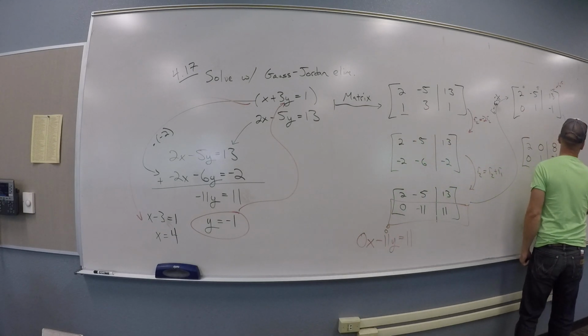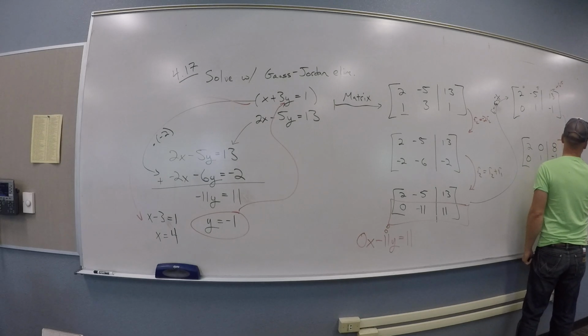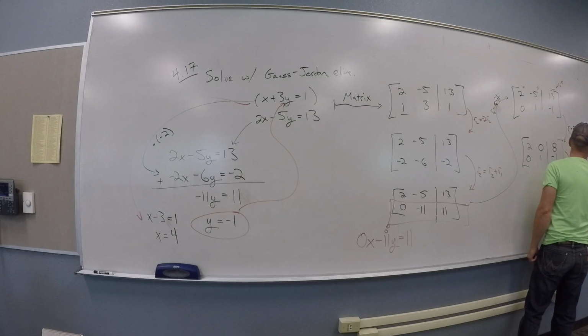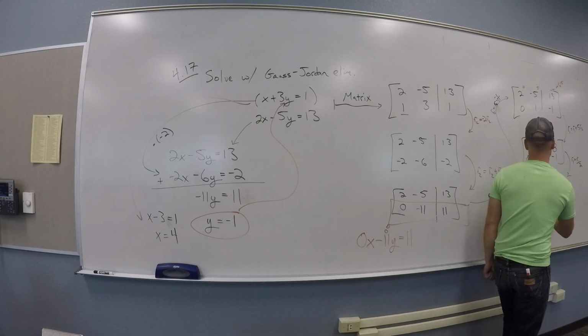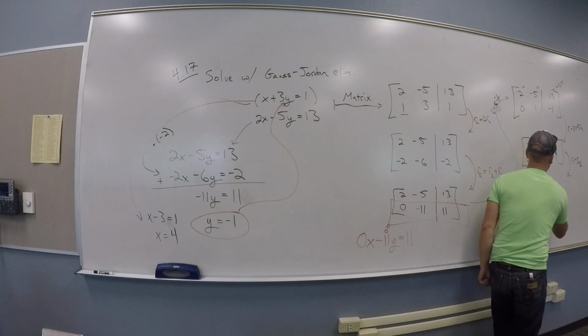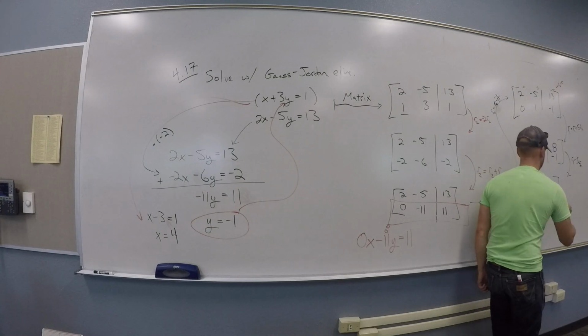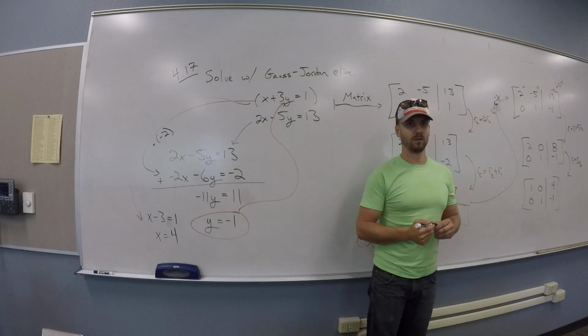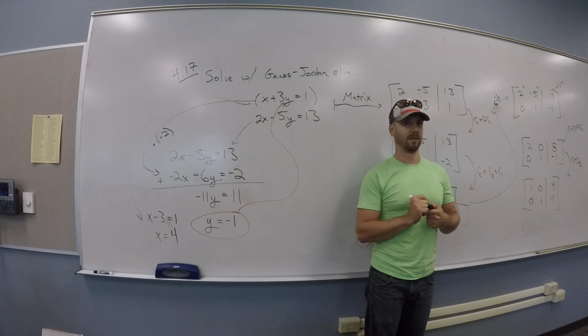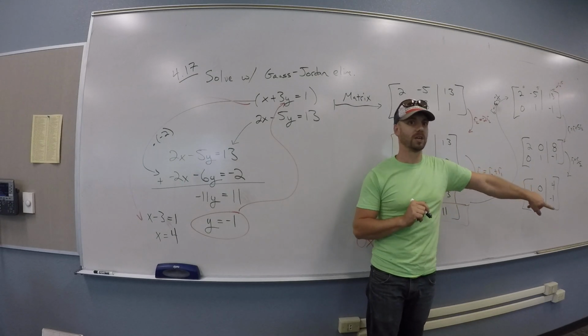So you can take this and do row 1 over 2, and you'd get 1, 0, 4, 0, 1, -1. You guys with me on that? Which tells you x is 4 and y is -1.